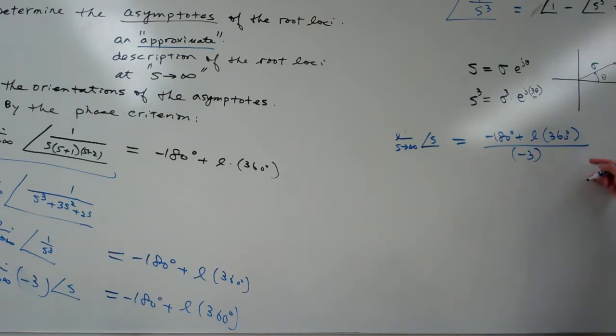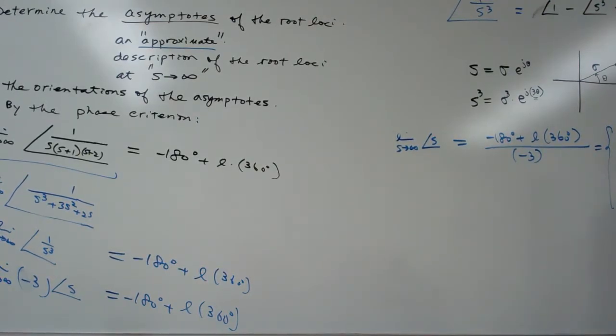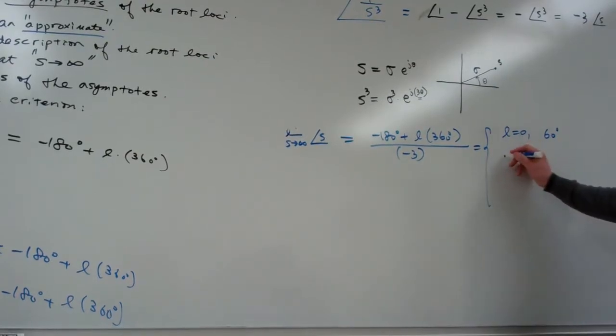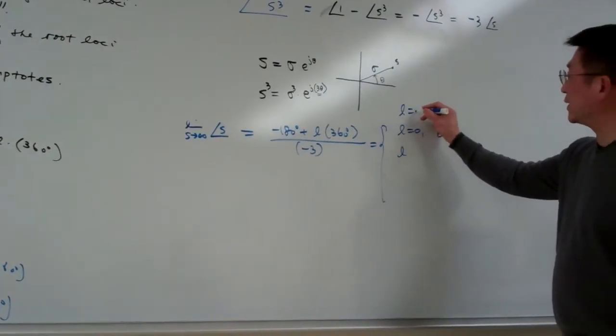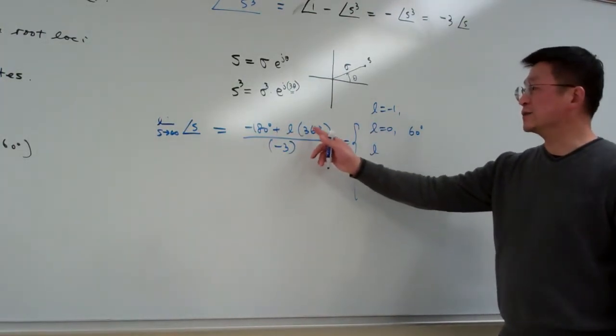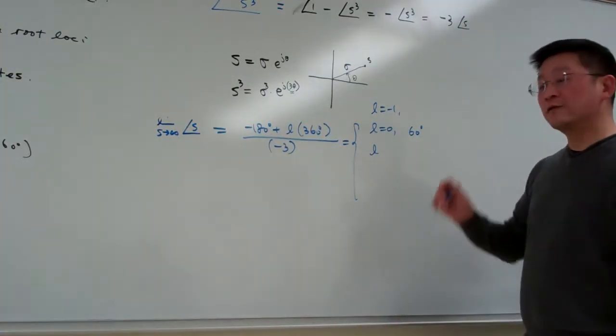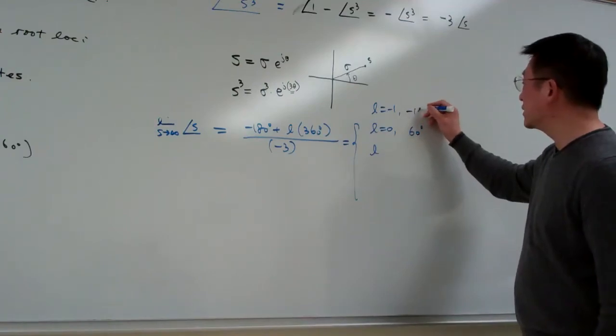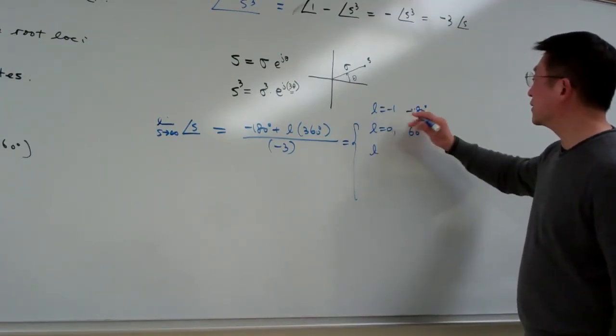So here we do the implementation. When L equals 0, then this one is 60 degrees. And when L equals minus 1, this is minus 540, and 540 divided by this is minus 180 degrees.